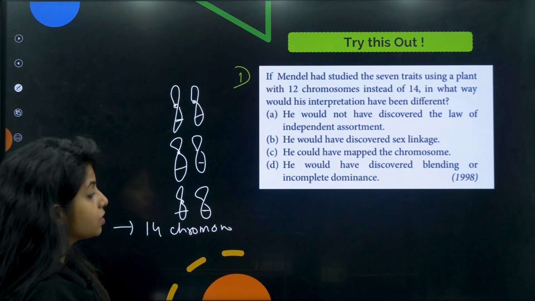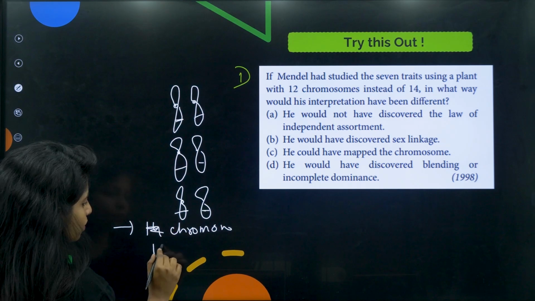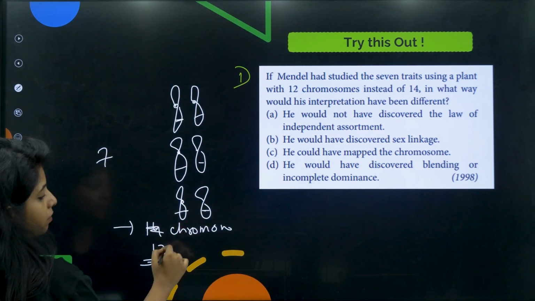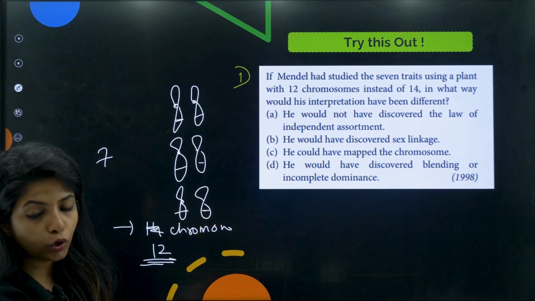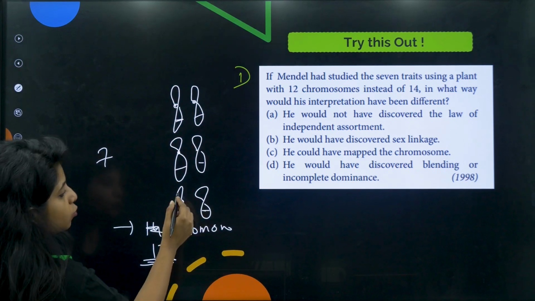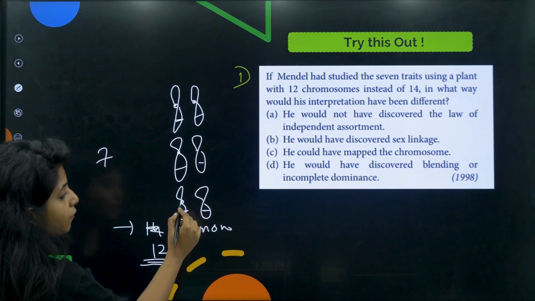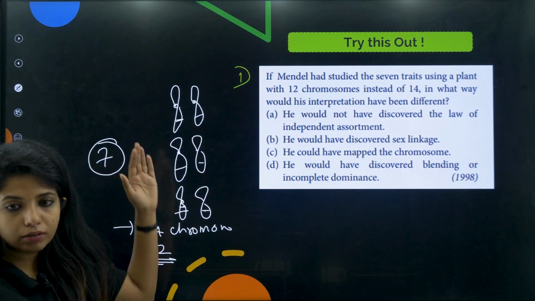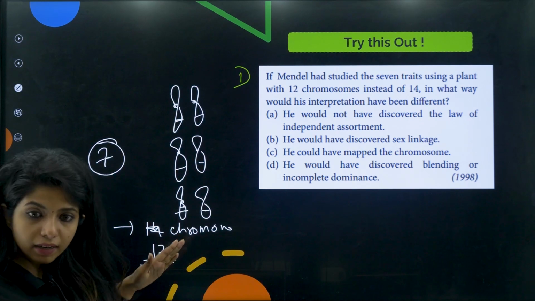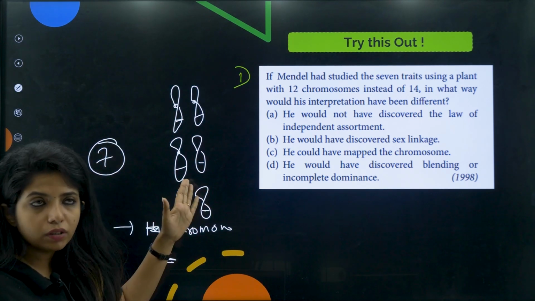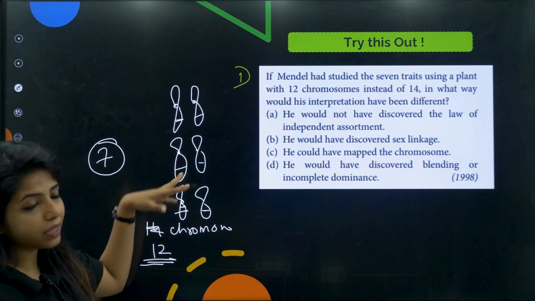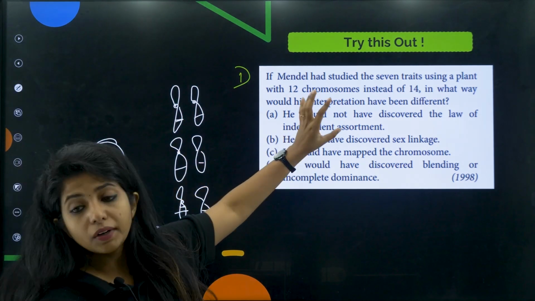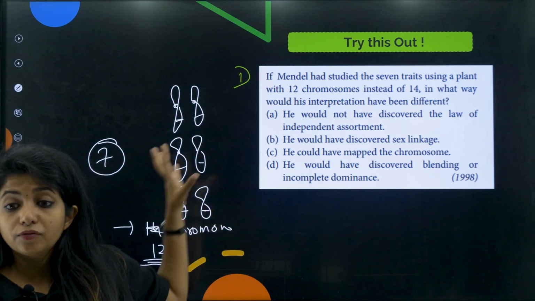Now if it was 12 chromosomes, then the seven of them could not be accommodated, right? So obviously 1 or 2 chromosomes might have more than 1 gene. These 7 would not be divided into 7 chromosomes, but would have to divide themselves into what, children? 6 chromosomes. So obviously 1 gene would be extra somewhere. Agree? Now it's asking in what ways the interpretation would have been different.